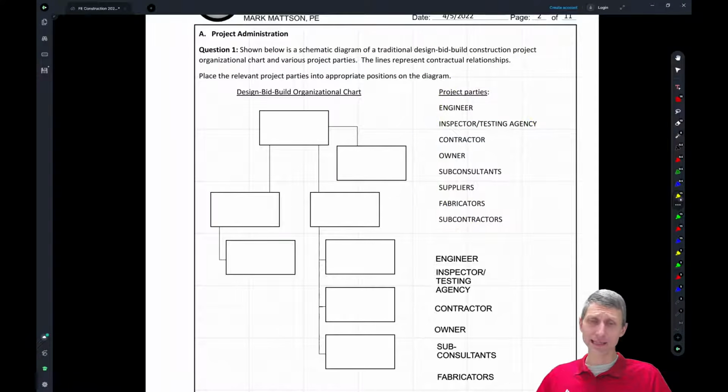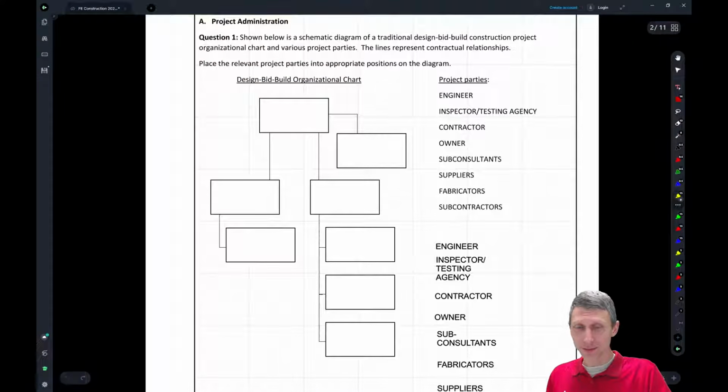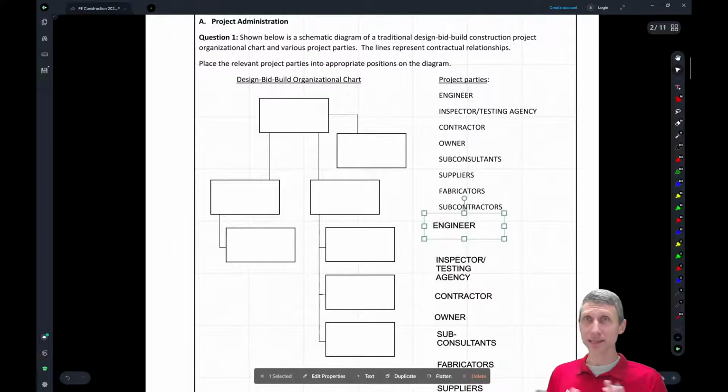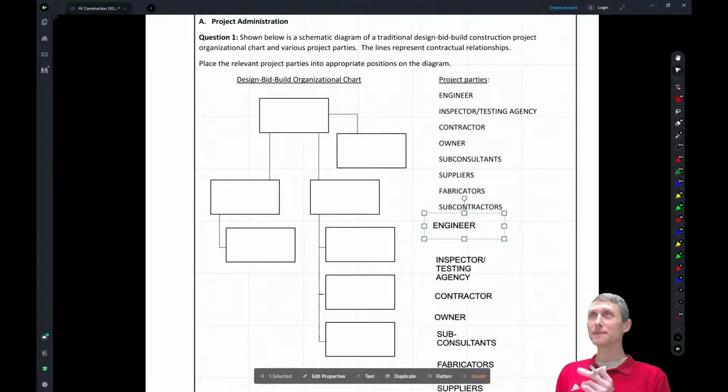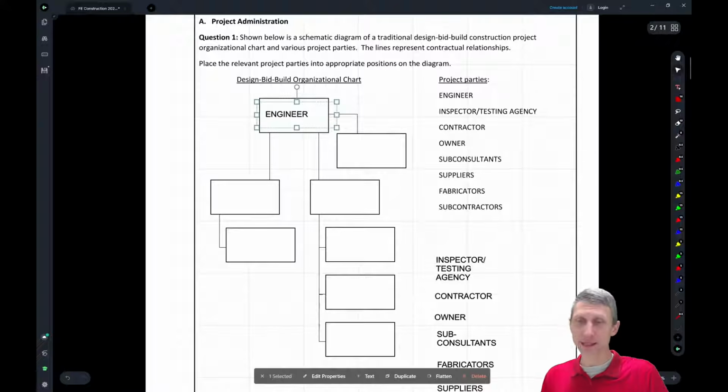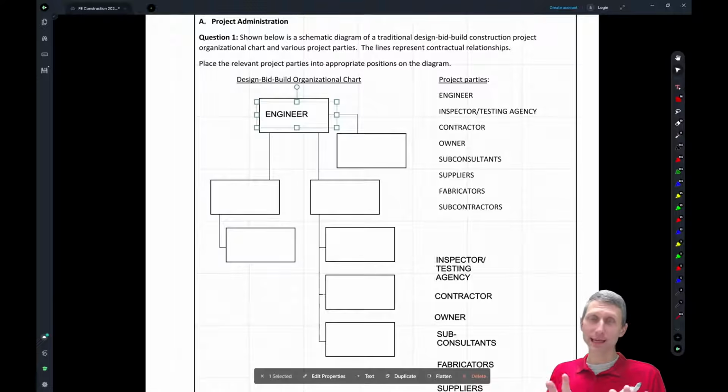And since I'm presenting this, I made these little things, let me get a pointer here, that I can stick places, right? So the question is, who is at the top? Well, as much as I love engineers and I love to stick them at the top, don't write that in yet, because engineers aren't really at the top in this process.